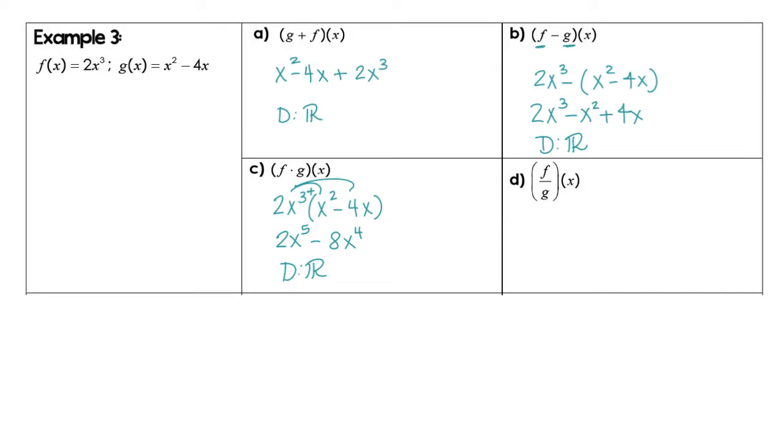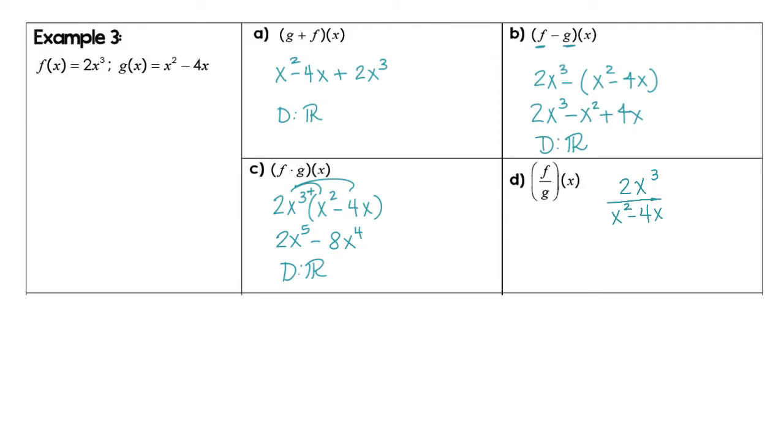Part D, we're going to have a function here. We are dividing, so f of x is going to be our numerator, so that's going to be 2x cubed over the denominator, which is x squared minus 4x. Now we can reduce this down.